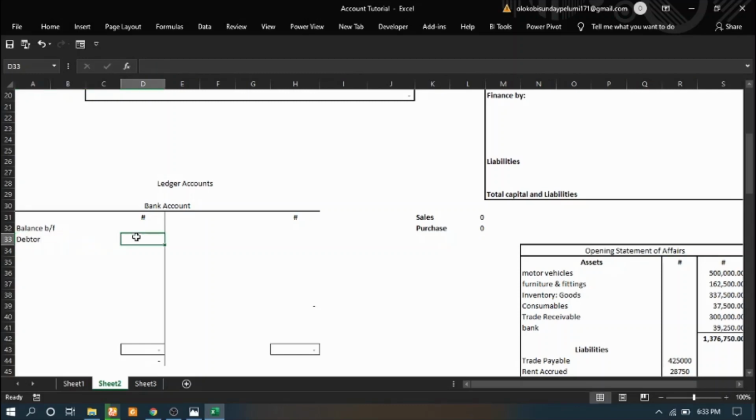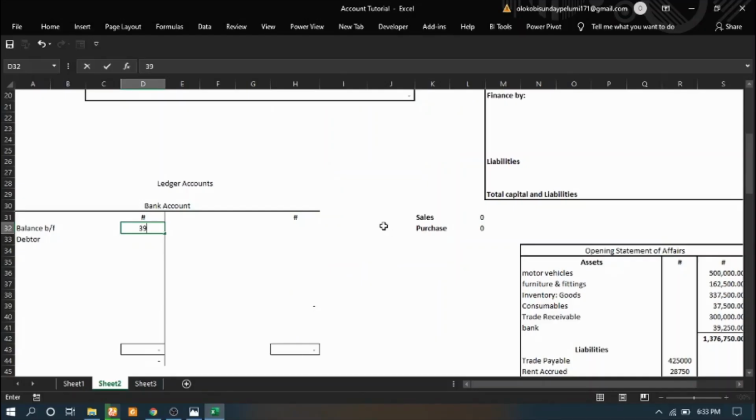We have debtors. Alright, so balance brought down is 39,250. 39,250 is our balance brought down. And here we have 337,500. So that is our debtors. So let's look at the order of the payments.